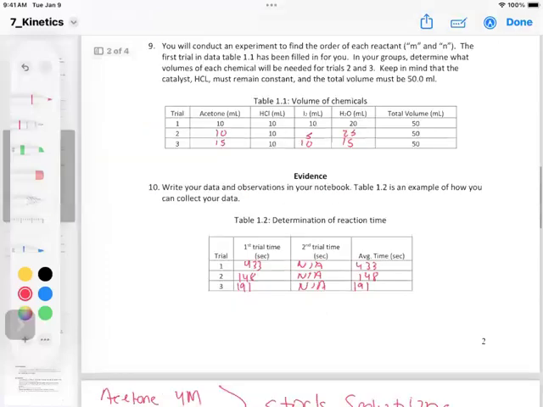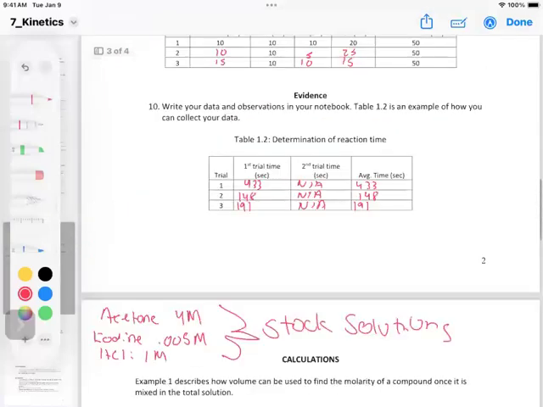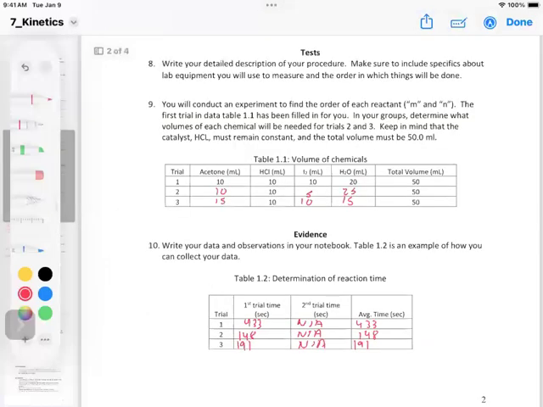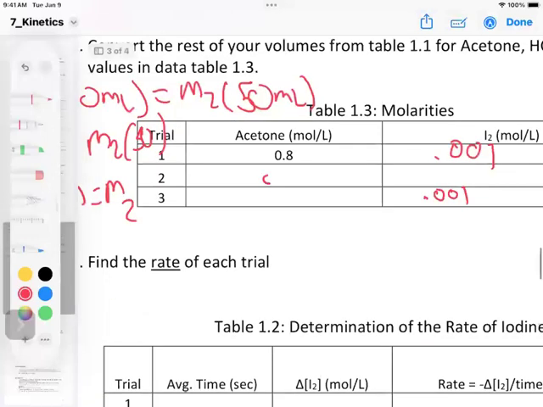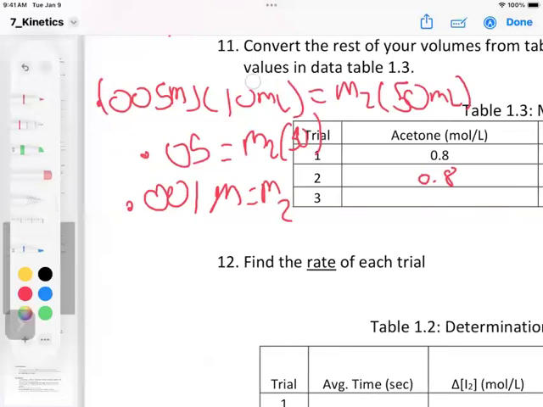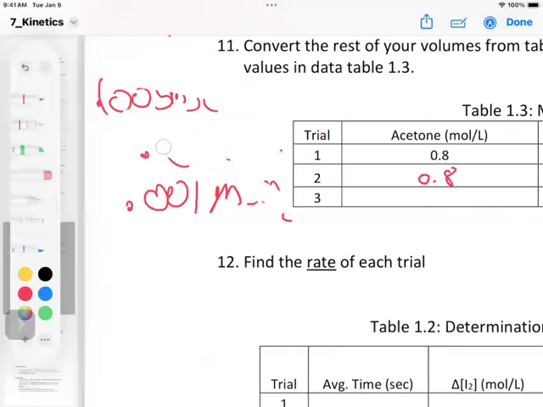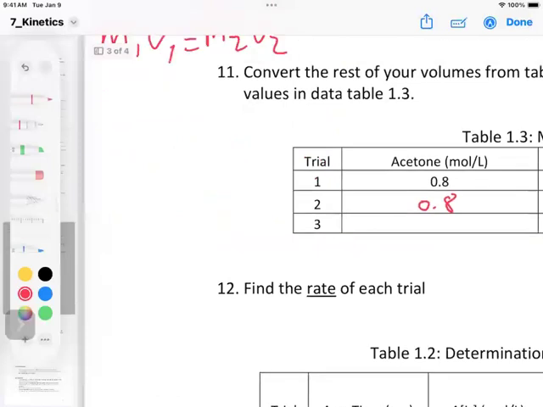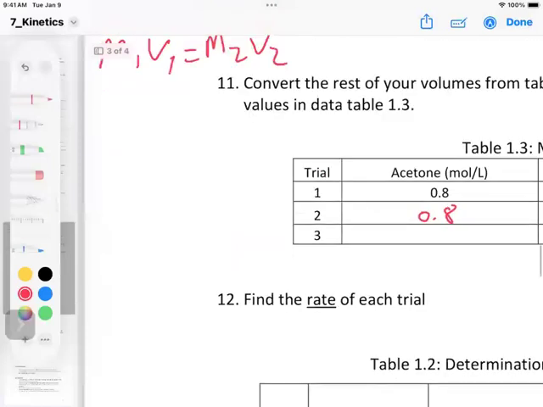It was already given to us that it'd be 0.8 molar for acetone whenever we use 10 milliliters, so that'll be the same for trial 2. And we just have to do this equation 2 more times. Next, we'll do trial 3 acetone. M1, the stock solution of acetone, was 4 molar.